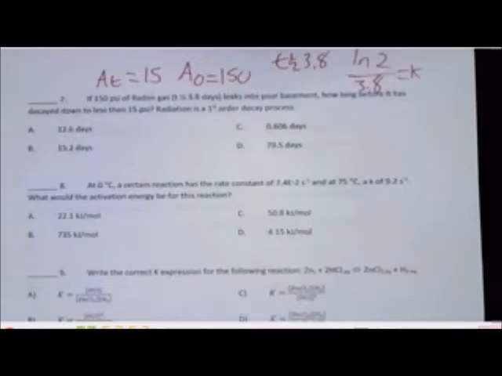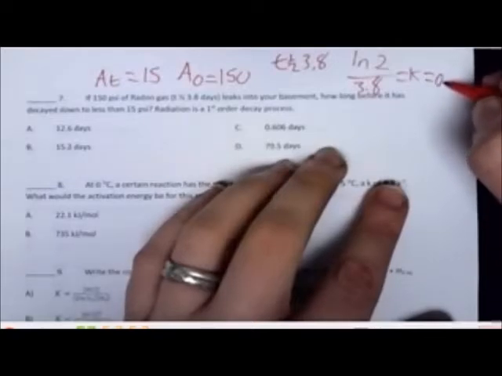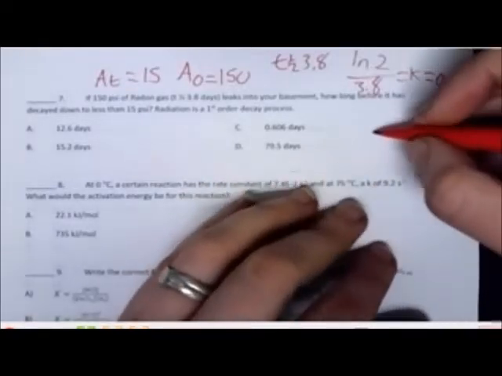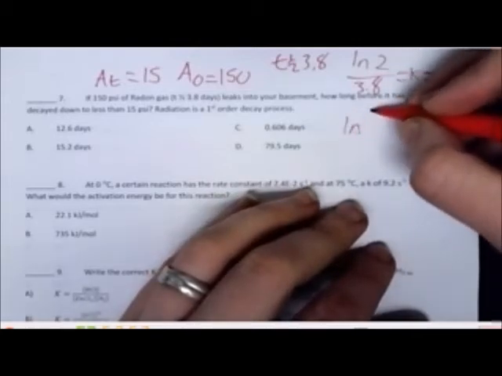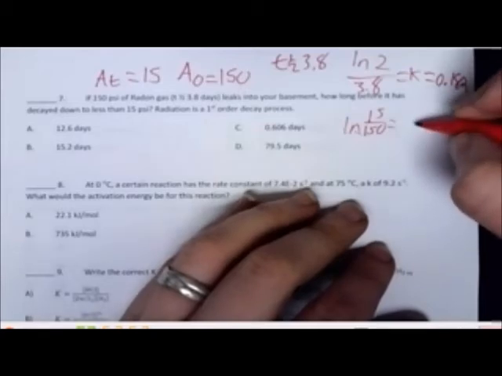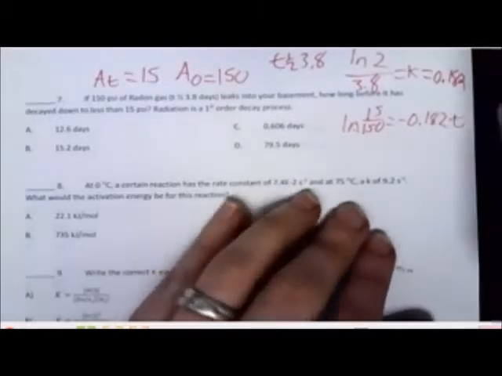Okay, doing that real quick. k is something like 0.182. And you're saying ln of 15 over 150 equals negative 0.182 t.